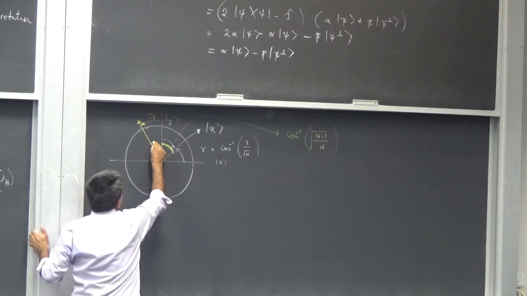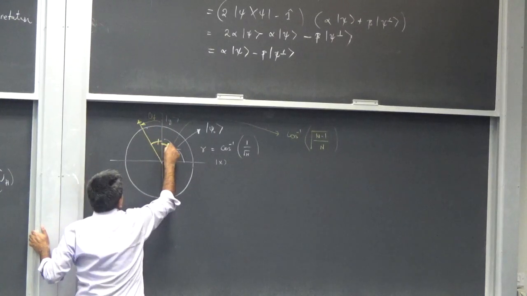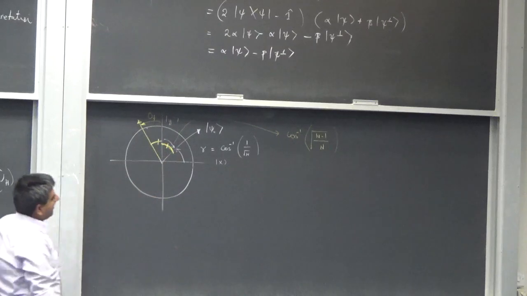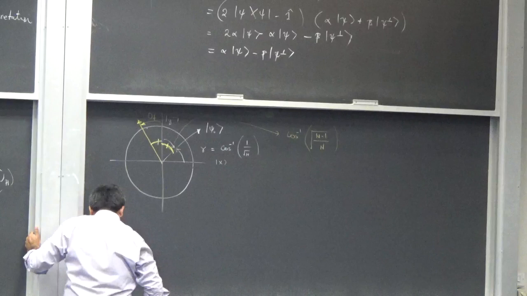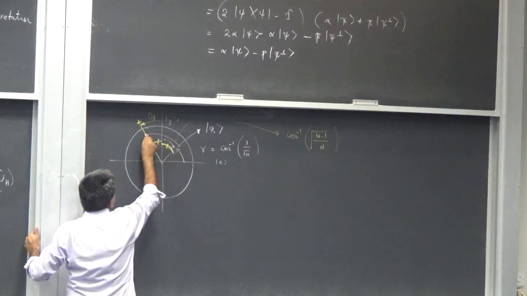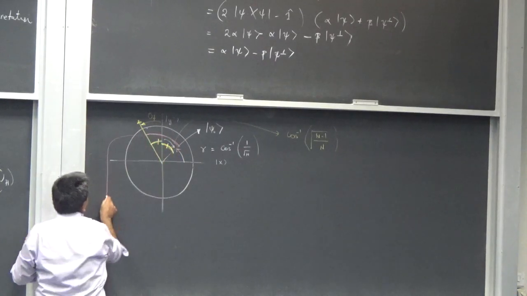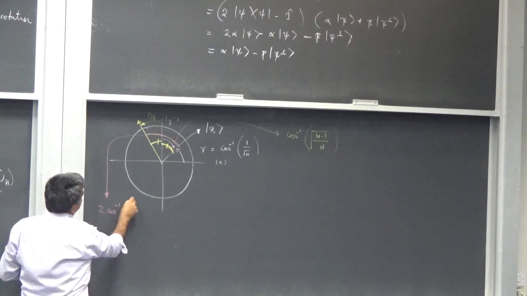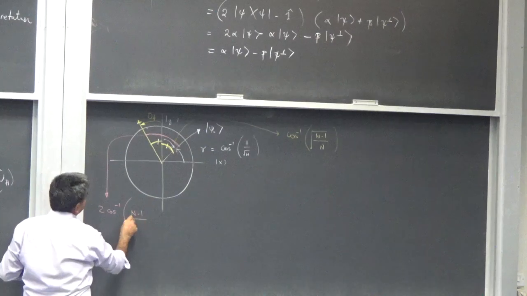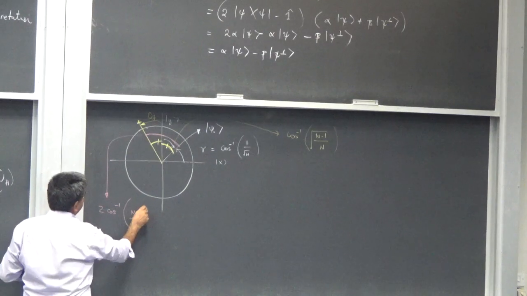And this angle is the same as this angle. Right? So overall, this angle is 2 times cosine inverse of root of (n minus 1) over n.